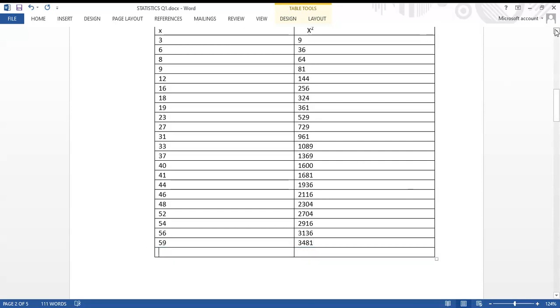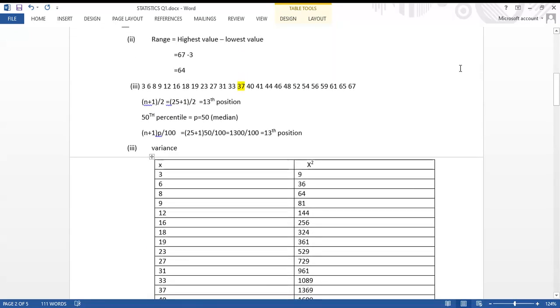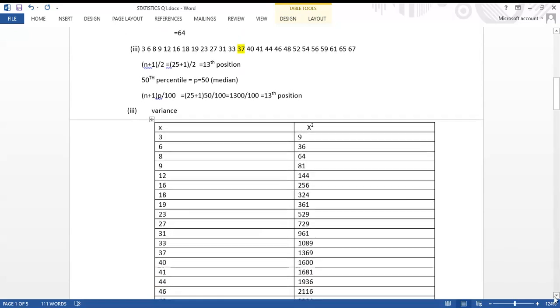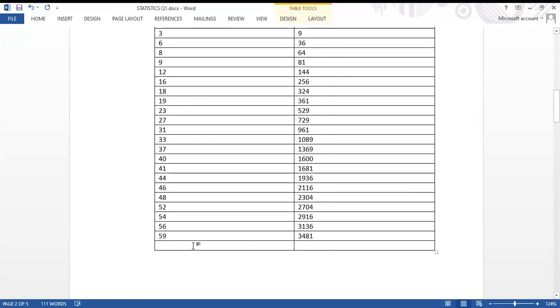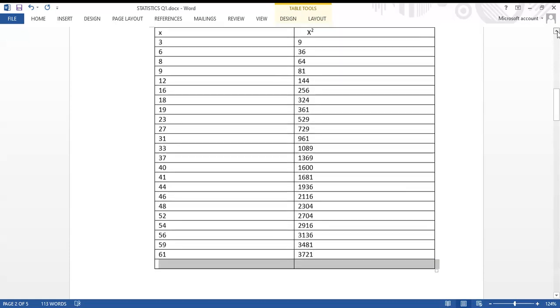All right, and then let's see, 61 squared. 3721. Have I got it correct?